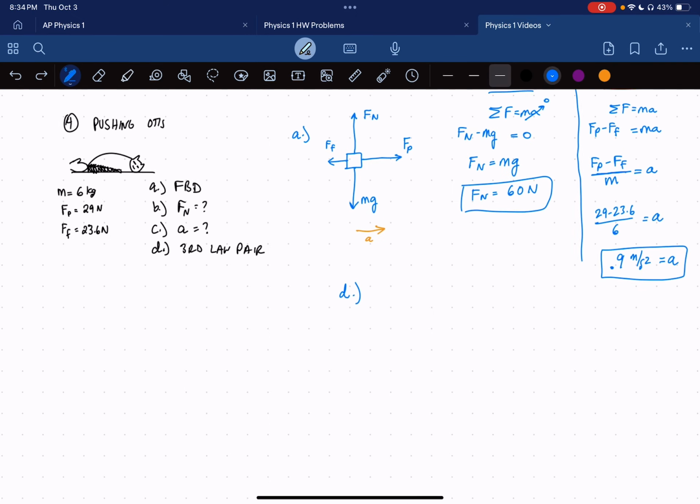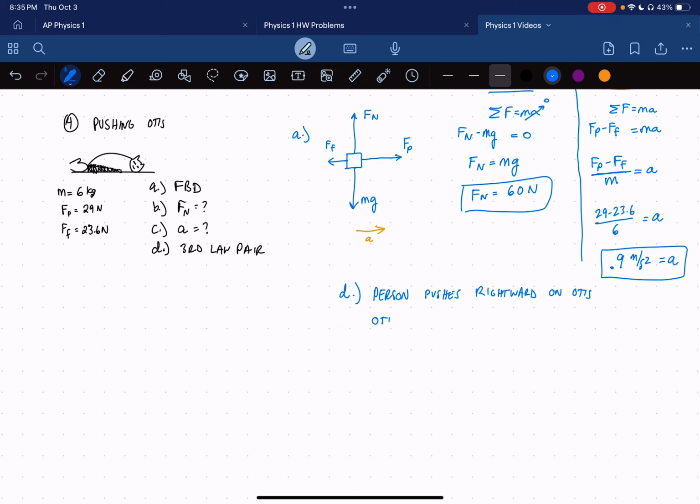I think I'll say the person, whoever, I guess that's us, person pushes rightward on Otis.